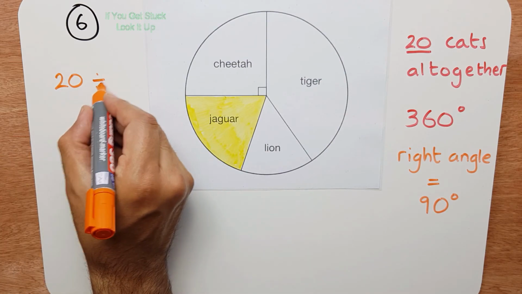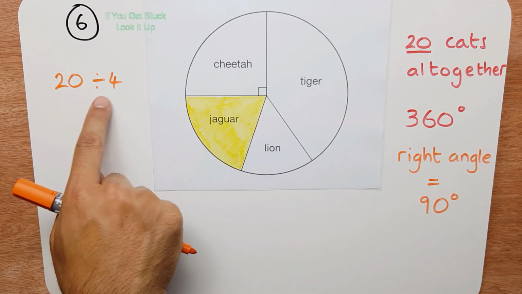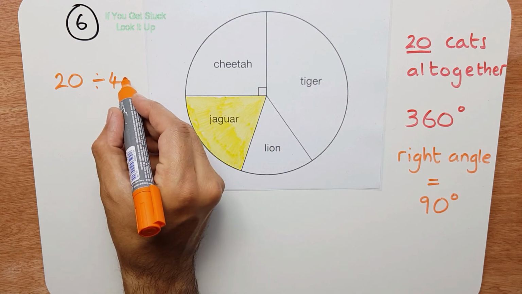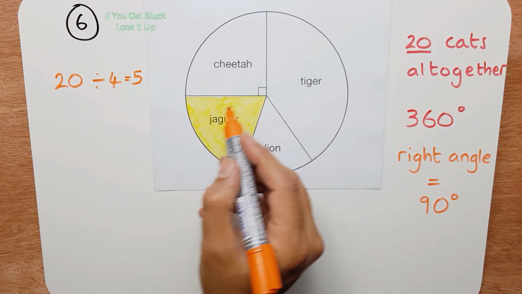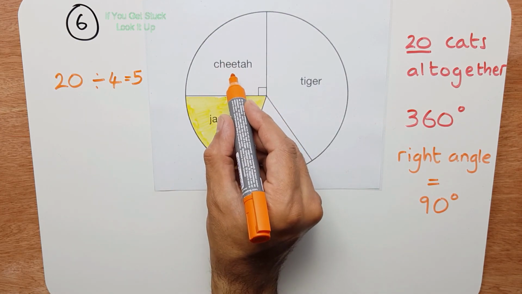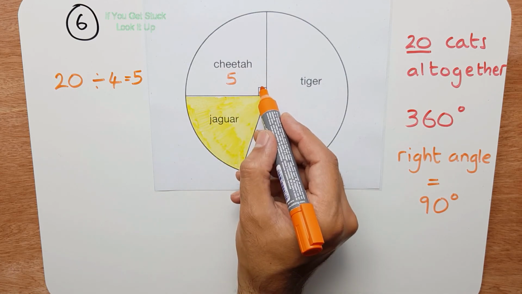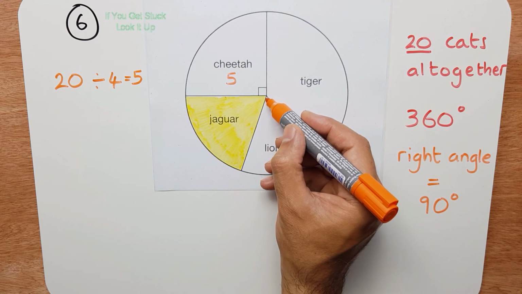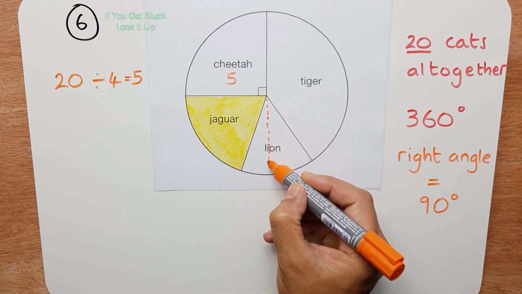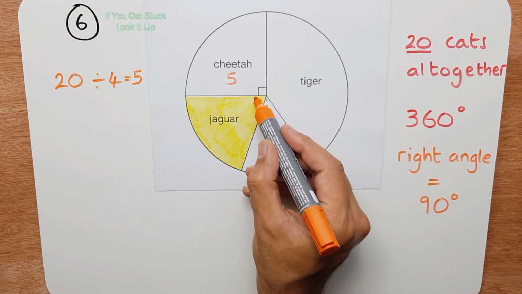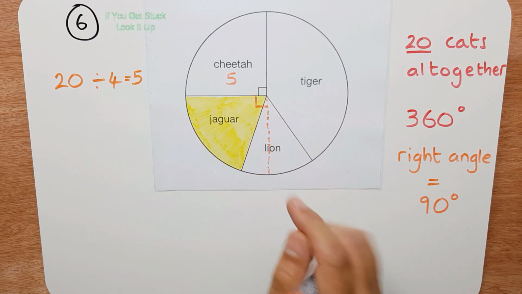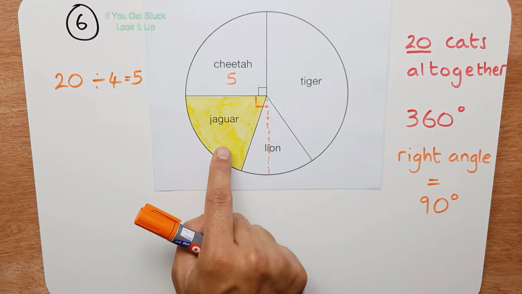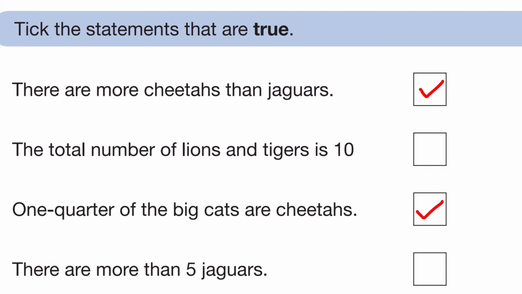Let's divide it by 4. 20 divided by 4 is 5. So we know 1/4 of a circle is 5. So there's 5 cheetahs. But if you look carefully, and if I were to extend this line down, this would be 5, but there's less. So the fourth statement that there's more than 5 jaguars is false.